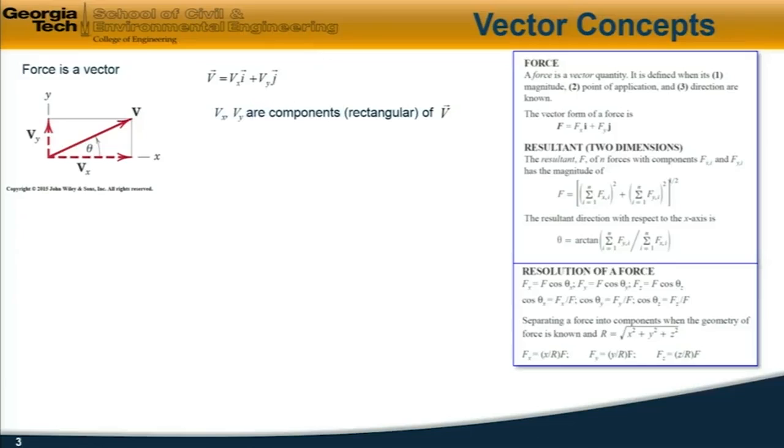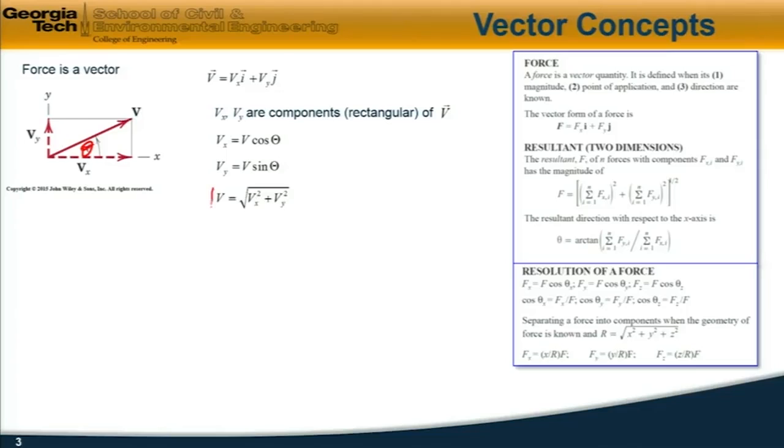So vx and vy are the rectangular components of v, where vx is equal to v cosine theta, where theta is the angle between the x-axis and the vector, as shown here, and vy is equal to v sine theta, where v, the magnitude of the vector, is the square root of vx squared plus vy squared.